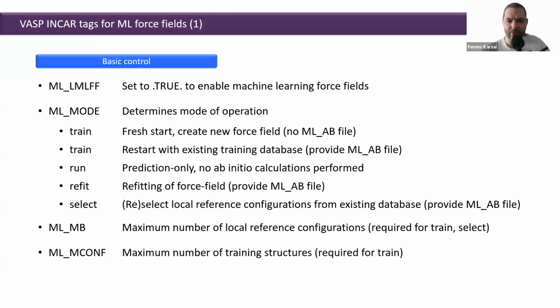Hence, we wanted to allocate them only once at the beginning and try to anticipate how large these arrays can grow. So with these 4 tags, more or less, the majority of calculations should work nicely in all operation modes in VASP.